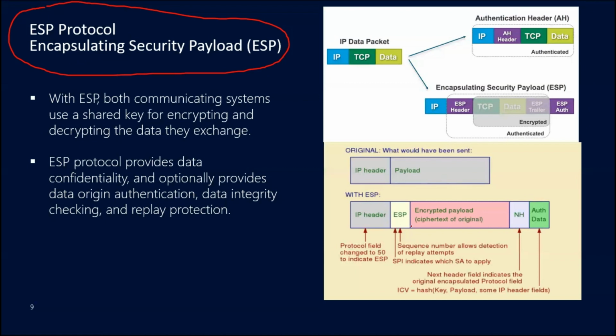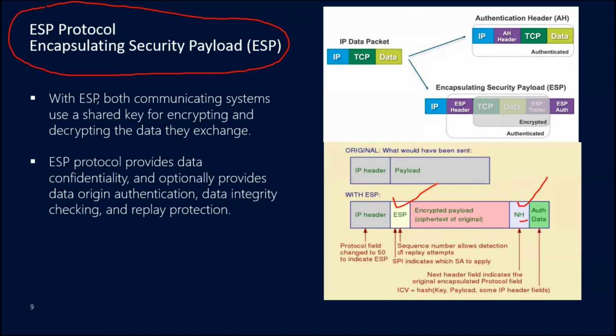One ESP header is inserted before your payload, and it is completely encrypted. Your plain text is completely encrypted into ciphertext. It also inserts a next header. So it inserts one ESP header and one NH header.